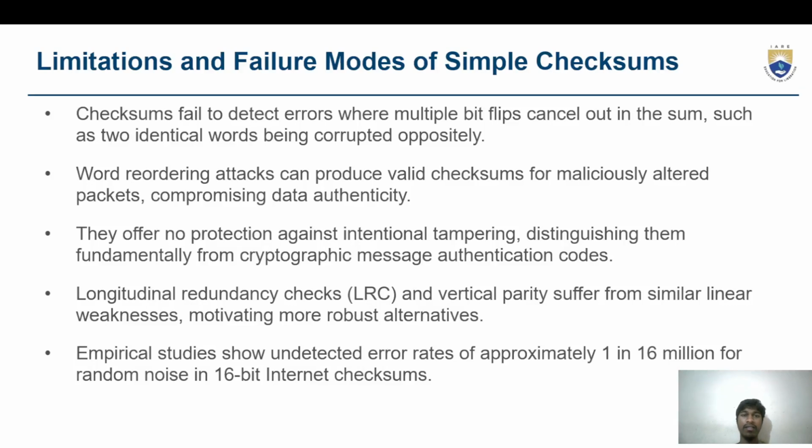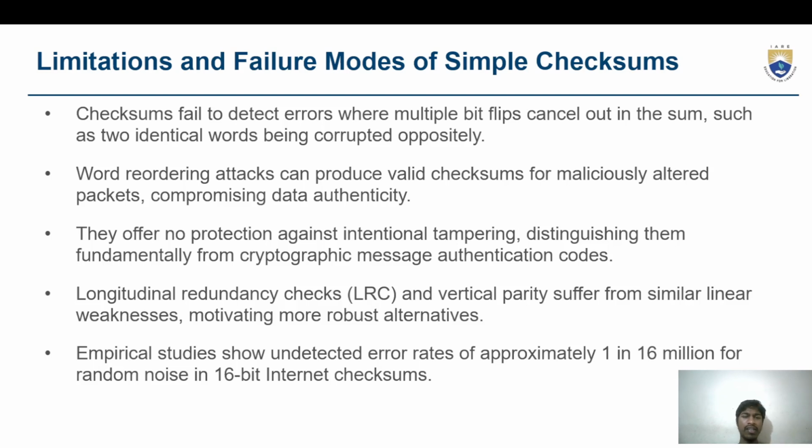Limitations and failure modes of simple checksums. Checksums fail to detect errors where multiple bit flips cancel out in the sum, such as two identical words being corrupted oppositely. Word reordering attacks can produce valid checksums for maliciously altered packets, compromising data authenticity and integrity.